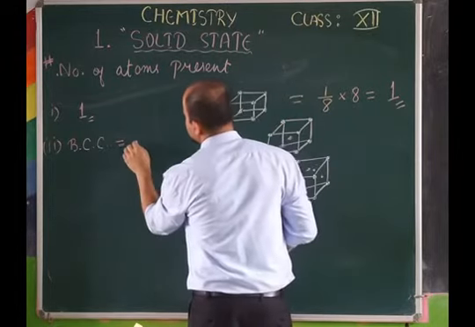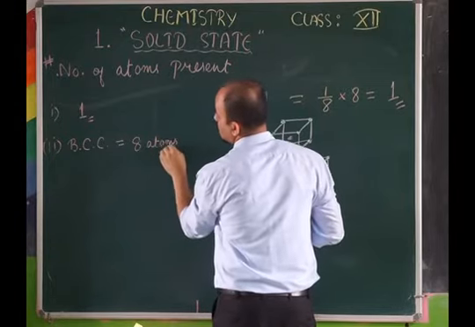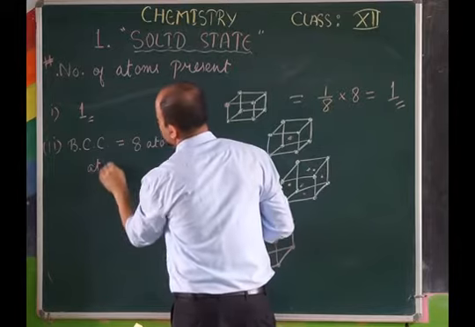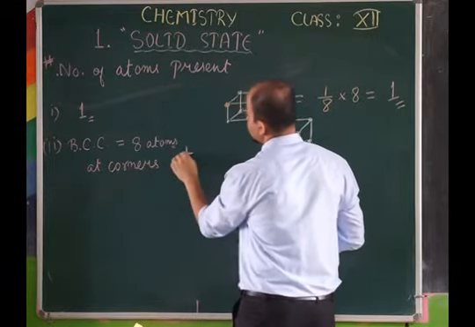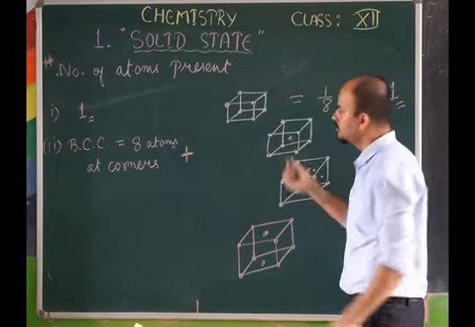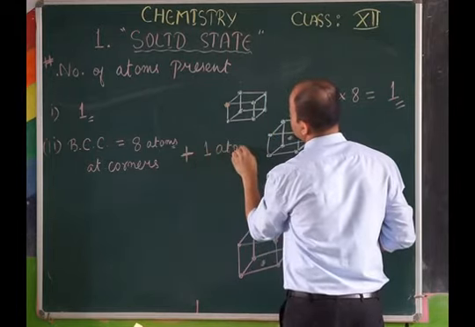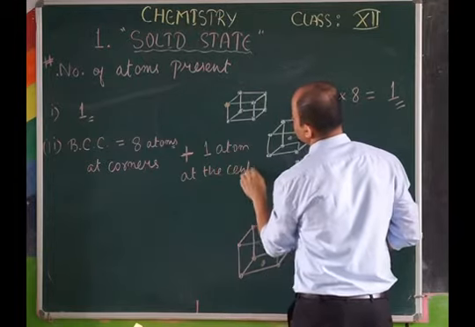At the corners, 8 atoms or constituent particles, plus 1 atom present at the center of this particular cube, at the center of the body.